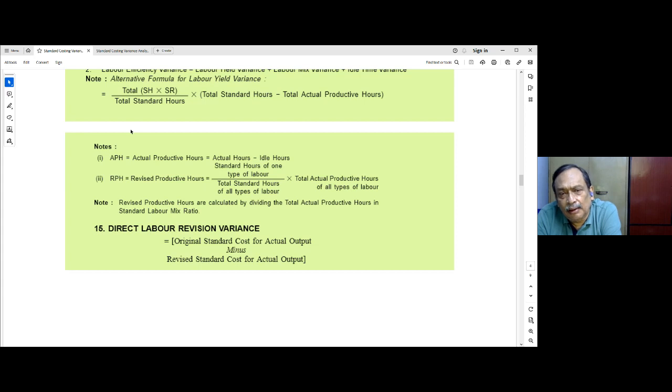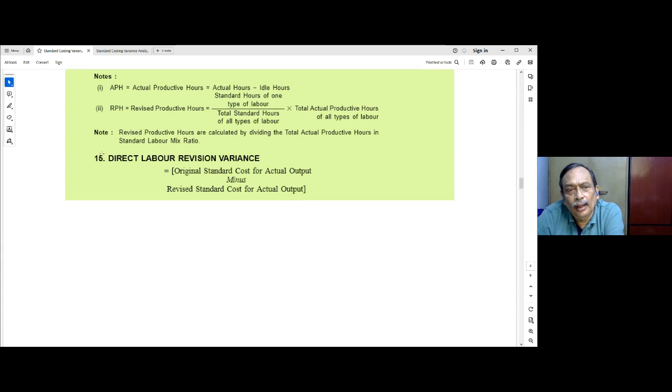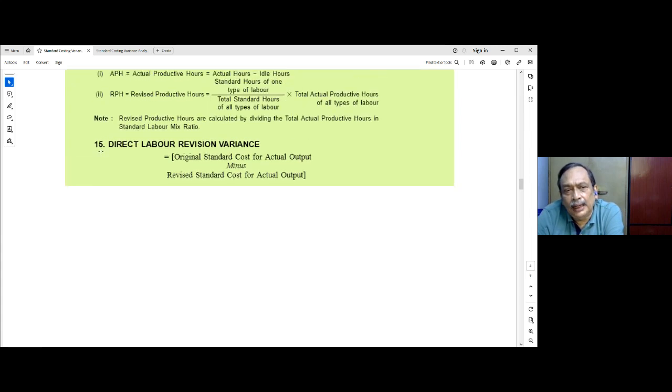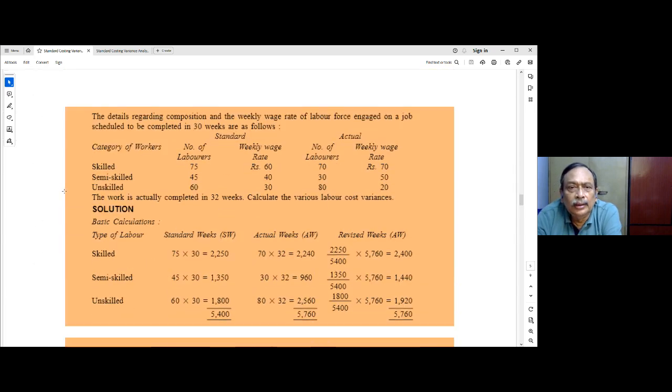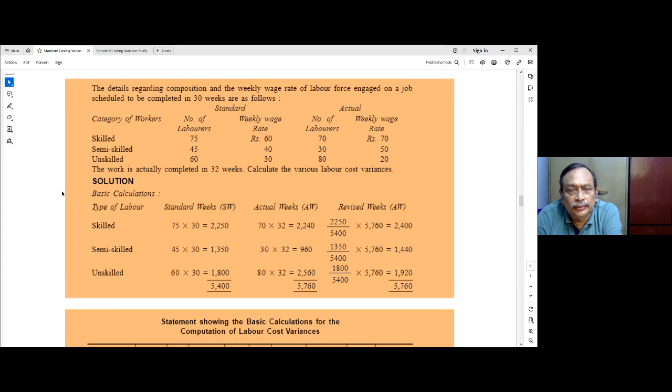Now, revised productive hours are calculated by dividing the total actual productive hours in standard labor mix ratio. Then we may have direct labor revision variance, that is original standard cost for actual output minus revised standard cost for actual output.